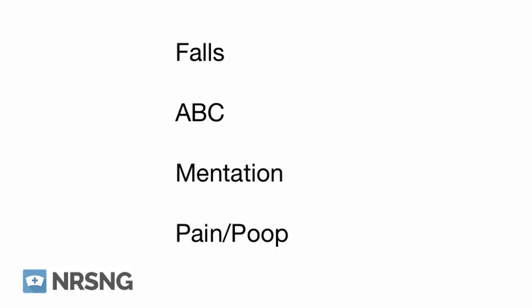Instantly, when I think of a patient, I think they're probably a risk for falls. It's almost like you have to convince me they're not a risk for falls. So this is the number one thing that I would put on almost all of my patients' diagnoses and plans.